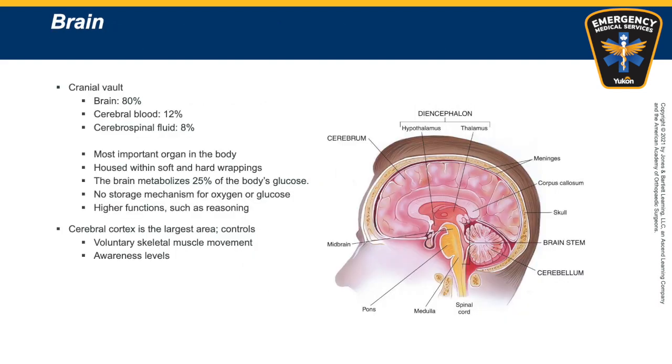Cranial vault: 80% is brain, 12% is cerebral blood, 8% is cerebrospinal fluid. The important thing to take away from the brain is that it metabolizes 25% of your body's glucose. This is why when anyone has an altered LOC, one of the key things we check is the blood glucose.